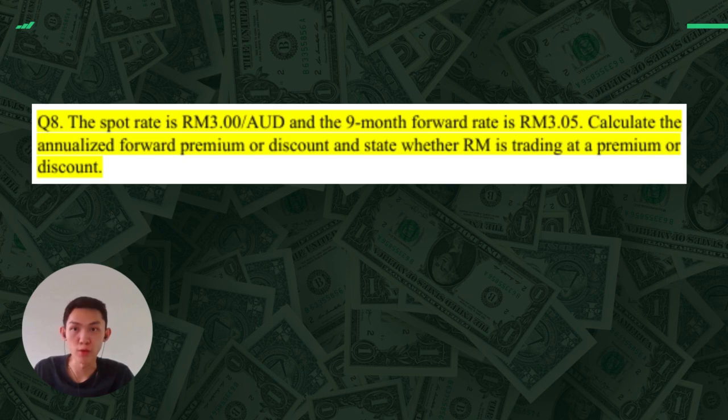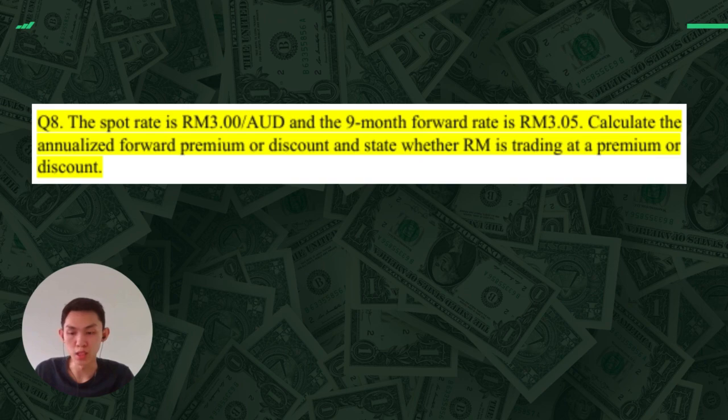So for question A, we have to calculate the annualized forward premium or discount. We use the formula: forward rate minus spot rate, divided by spot rate, times 12 months divided by n, where n is the period, and then multiply by 100%.